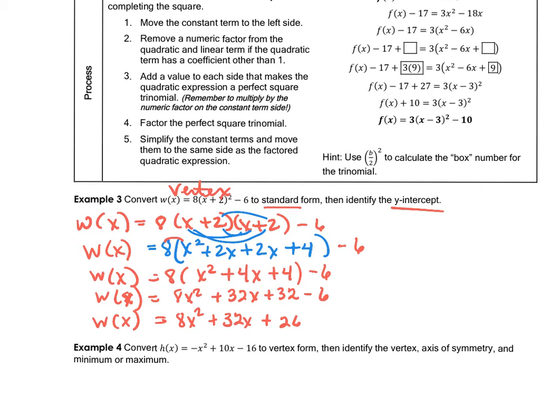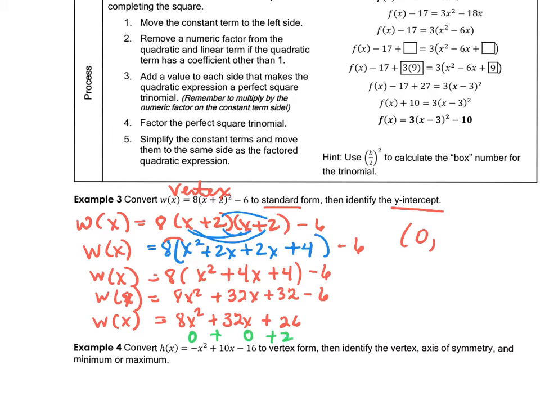Now it says identify the y-intercept. So if you go back and look at the very first page, page 1, it said the y-intercept in standard form is 0, whatever you get when you plug in 0. So if I come into this equation and I plug in 0, I'll get 0 here and 0 here.